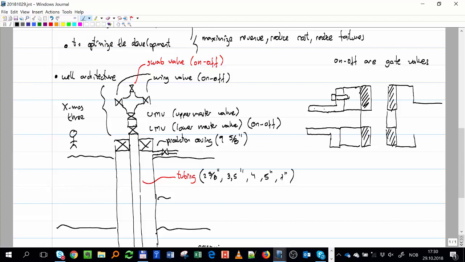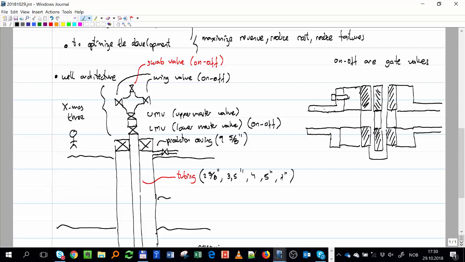So I have these areas, and then I have the gate. That's why it's called a gate valve: you have a gate that is going to lower and close. Depending on the vertical position of this gate, it's going to impede or permit the flow. When it's aligned, I have something like this.